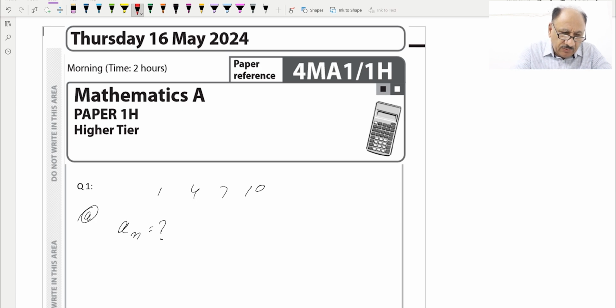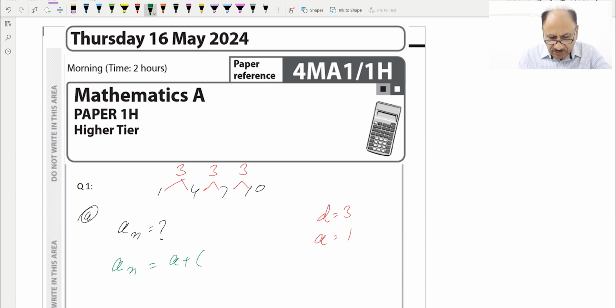We'll check the difference. 4 minus 1 is 3, 7 minus 4 is 3, and 10 minus 7 is also 3. So the d value is 3, and the a value is 1. We know the formula for arithmetic sequences: an is equal to a plus n minus 1 into d.